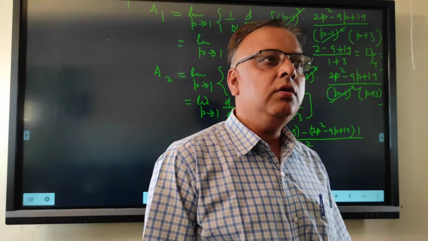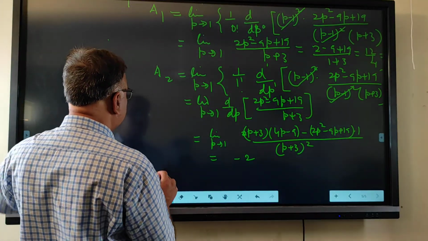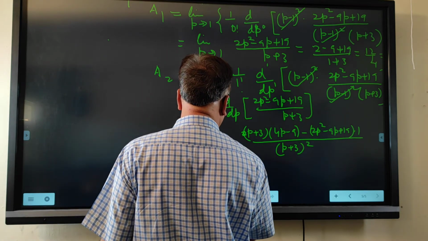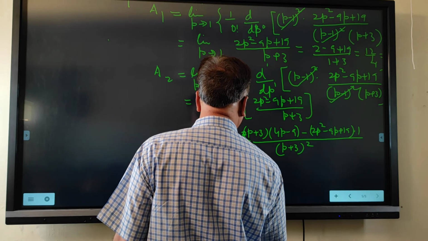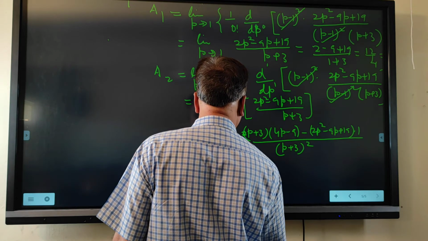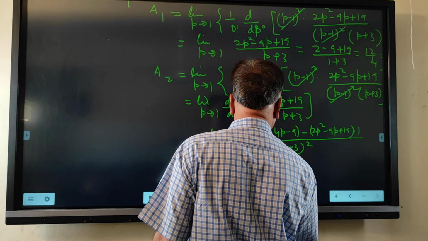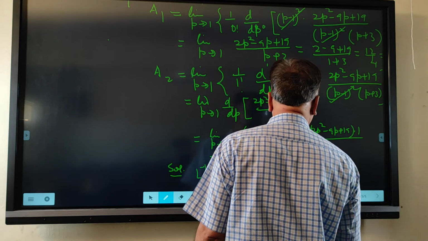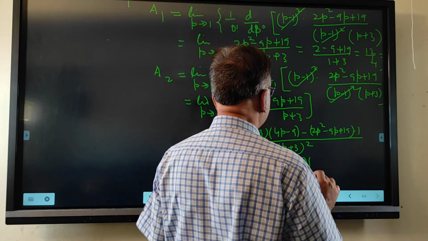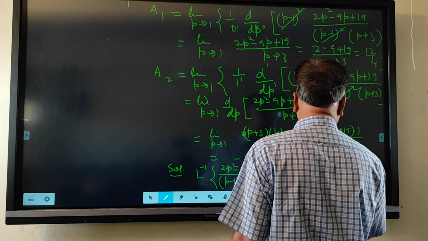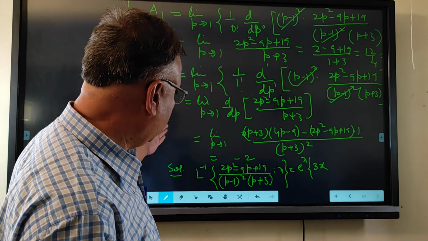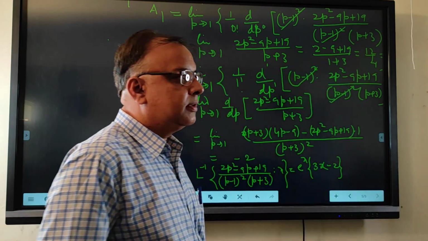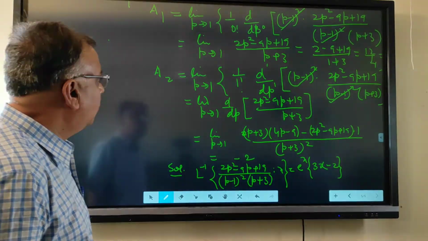So we get the values of a1, a2 and b1. The final solution: the inverse Laplace transformation of (2p square minus 9p plus 19) upon (p minus 1) whole square into (p plus 3) with respect to x is equal to e raised to x into (a1 x plus a2). a1 is 3, so 3x, and a2 we calculated as minus 2, so (3x minus 2), plus b1 into e raised to minus 3x.